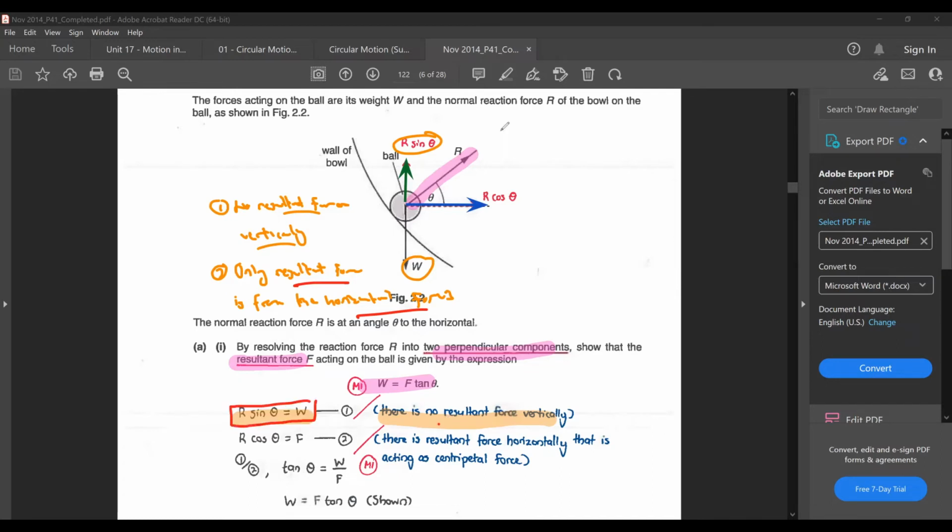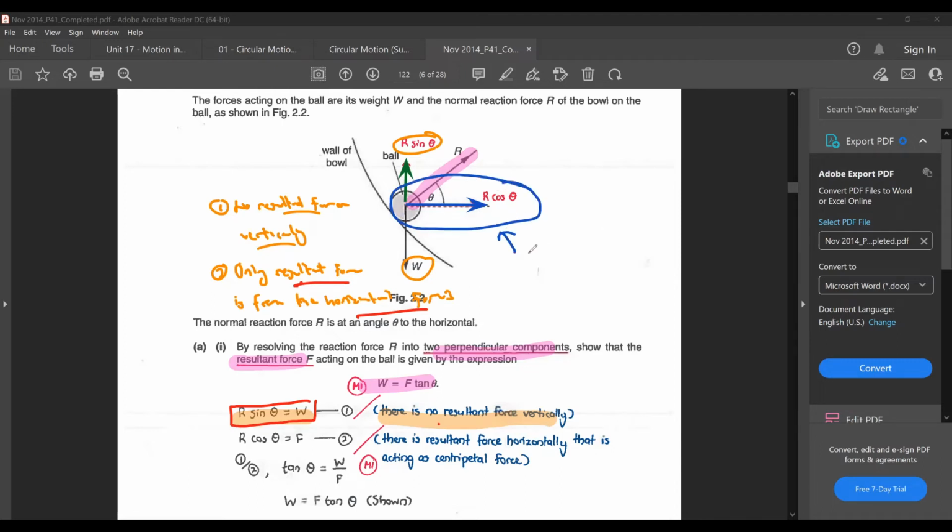The next thing we will analyze is the horizontal component. Since the resultant force is just from the horizontal forces, if you look at the diagram, there are no other forces horizontally other than R cos theta.